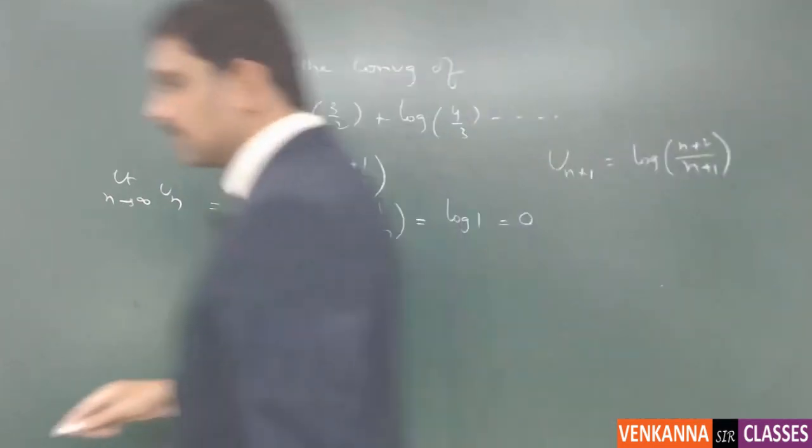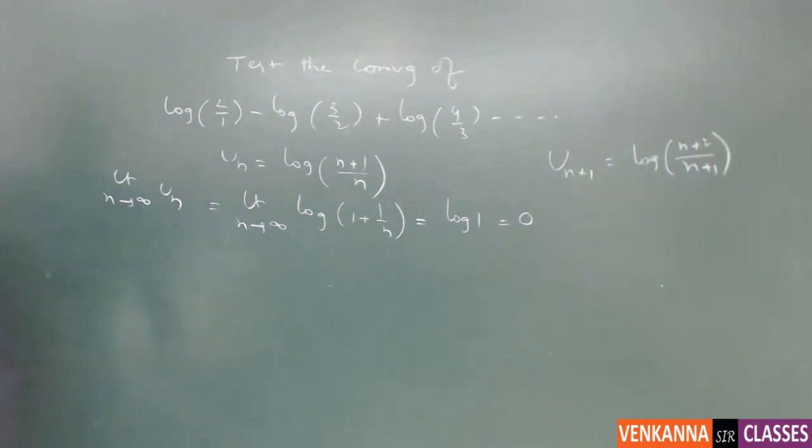Here the question comes, how can I prove that it is a decreasing sequence? My intention is I should show un is greater than un plus 1. So how am I going to show that? Any idea how to prove that it is decreasing?